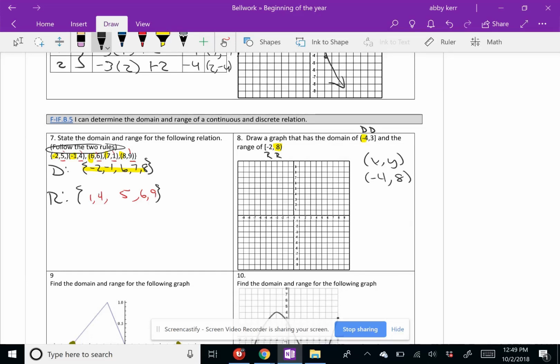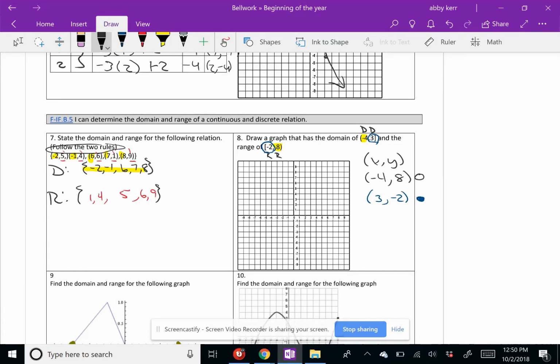Now the parenthesis in interval notation means it's going to be an open dot. Then you have to ask yourself, okay, what's my domain for the bracket? What's my range for the bracket? So my domain is 3, and my range is negative 2. But notice that I said bracket, and there's a bracket written. What that means is there's a closed dot.